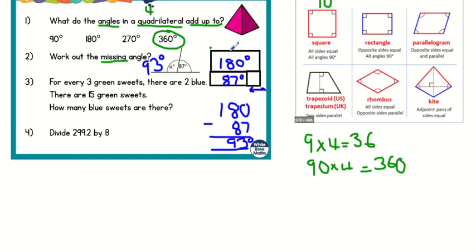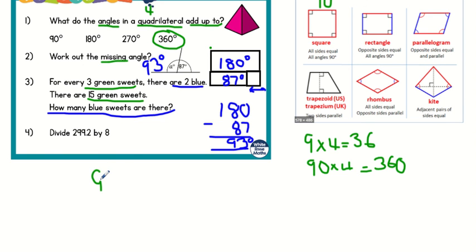Okay, so let's have a look at our next question then. For every 3 green sweets, there are 2 blue. There are 15 green sweets. How many blue sweets are there? Now this sounds like a ratio question to me.